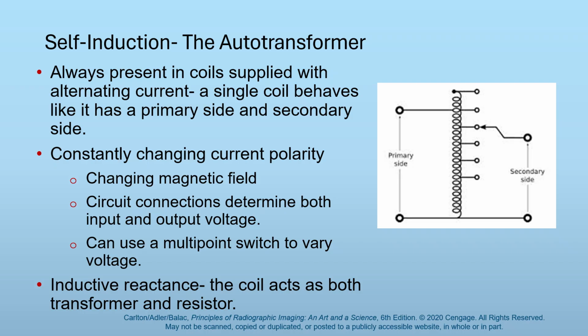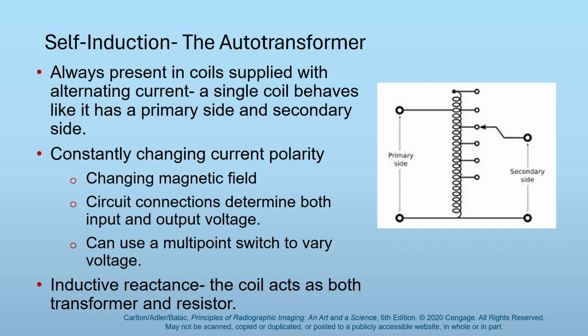And so connections on the primary side, the left-hand side of this single coil, act as the primary coil, and connections on the right-hand side of this single coil act as the secondary coil. Yeah, it breaks my brain too, but it totally works.